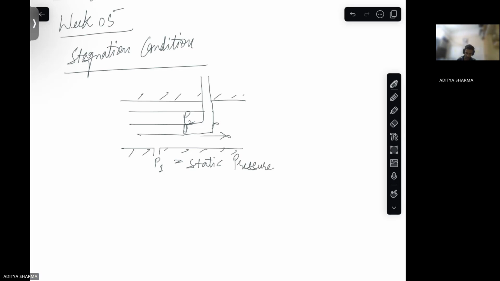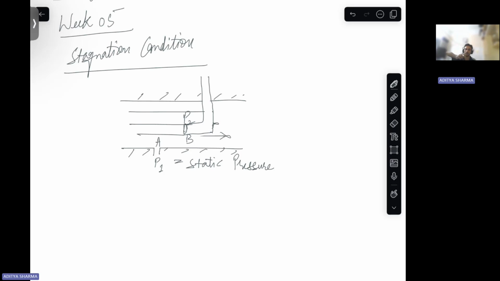Now let's see, this is point A, this is point B. At point B, what you will see is your flow has stagnated. I hope you understand stagnation.